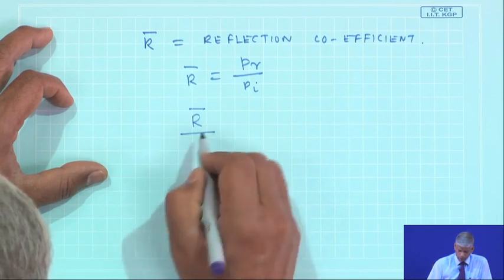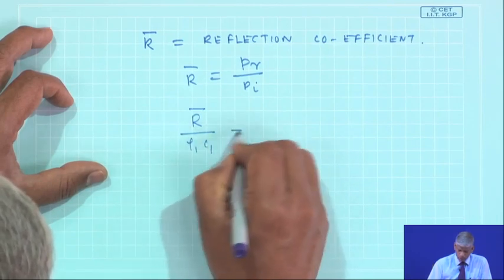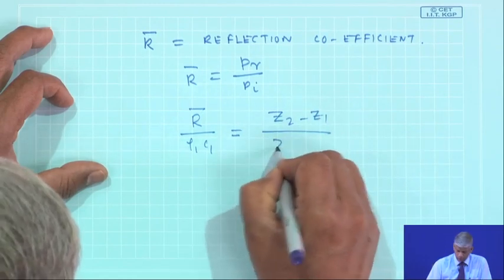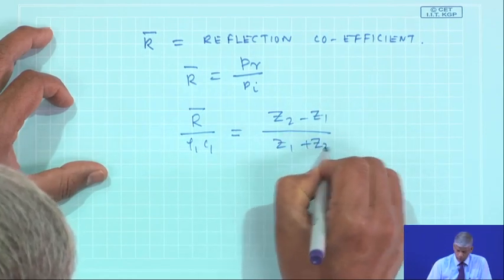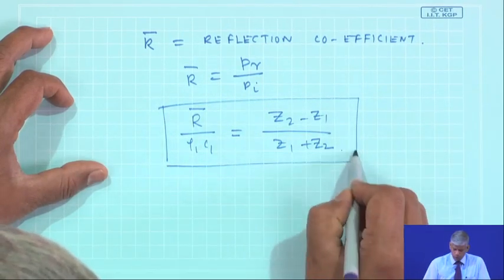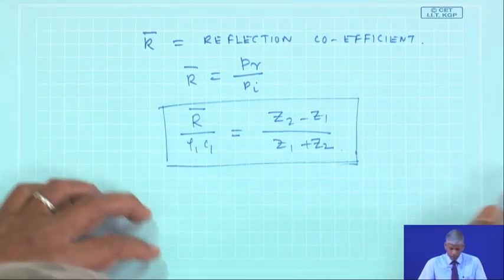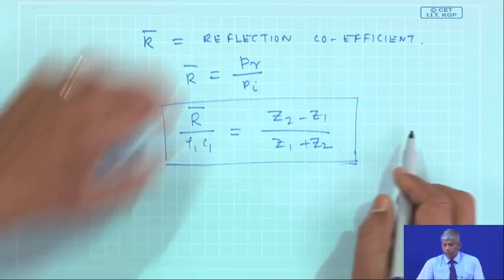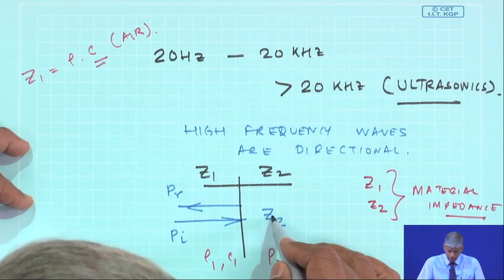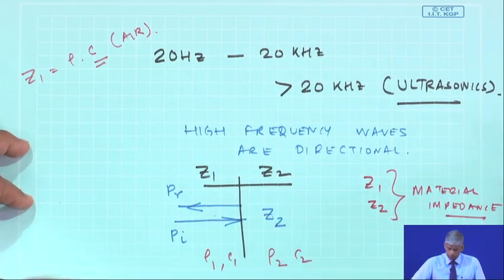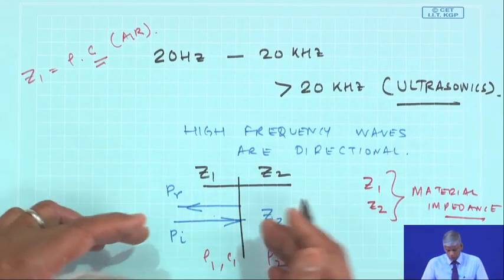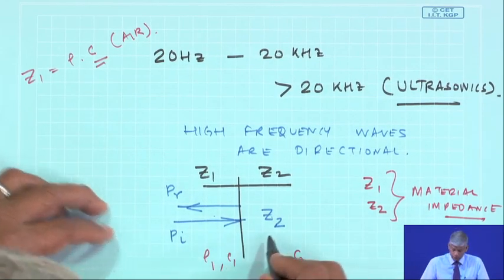So, R in this case will be Z2 minus Z1 by Z1 plus Z2. From wave motion you can find out. So, what happens if materials have different impedances, they will reflect. Now, because these are all ultrasonic waves, this is true for acoustics, audible acoustics as well.